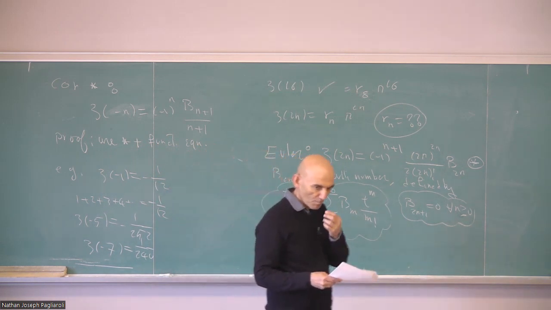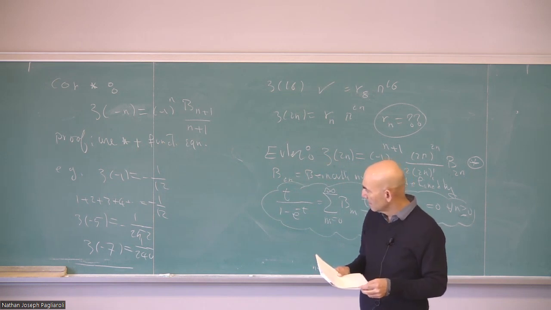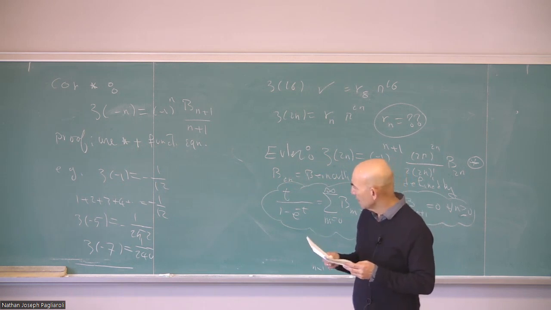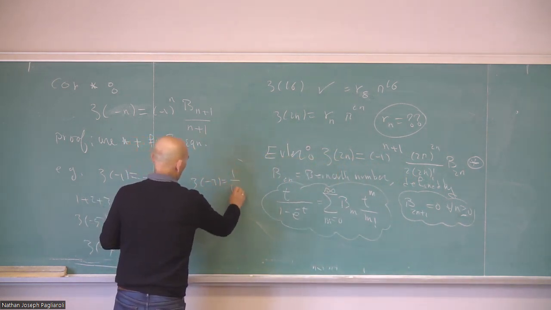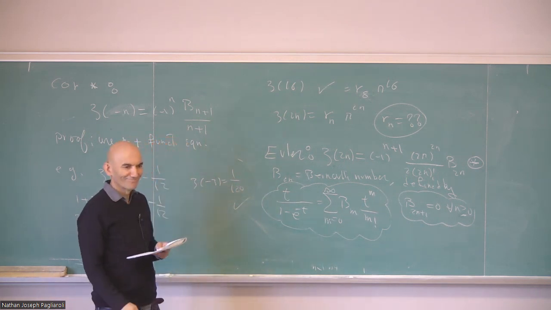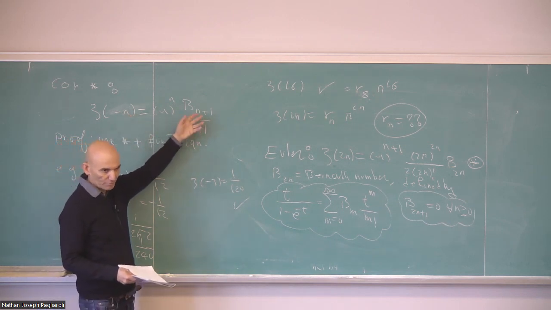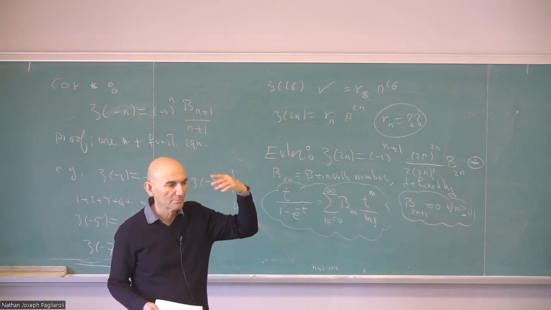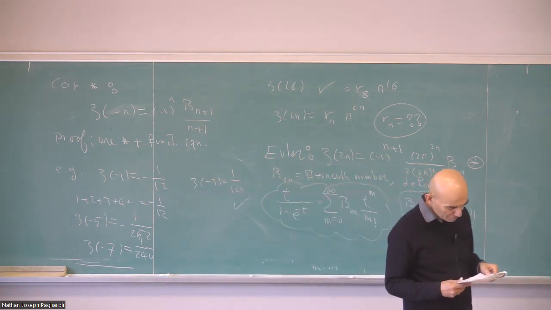Zeta of -3 is 1 over 120. And they all follow from this formula here, knowing the Bernoulli numbers. Bernoulli numbers have been computed to a very, very large number of digits.